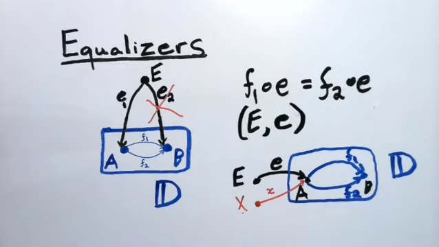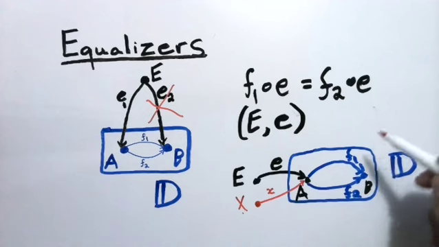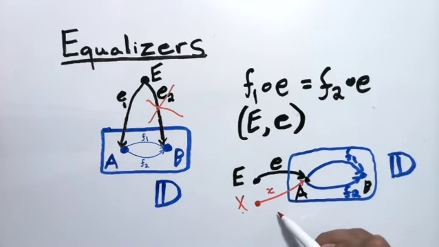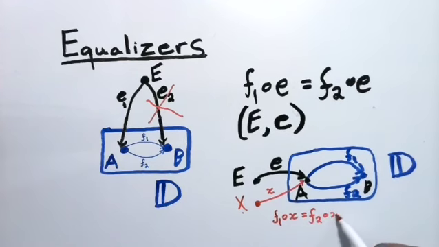where this diagram commutes with this morphism x. That is, we need to have the same property as E, so we'd need to have F1 after x is equal to F2 after x.